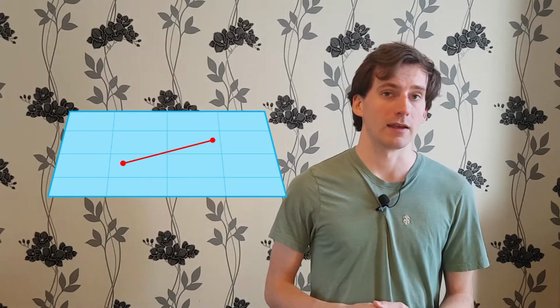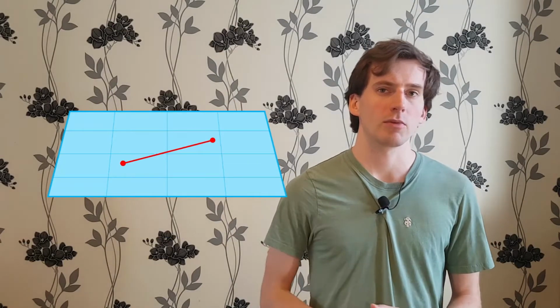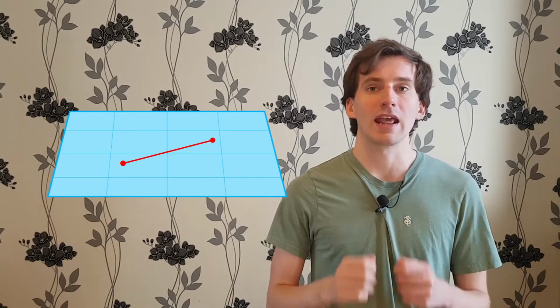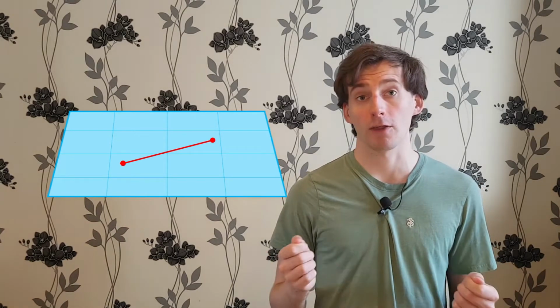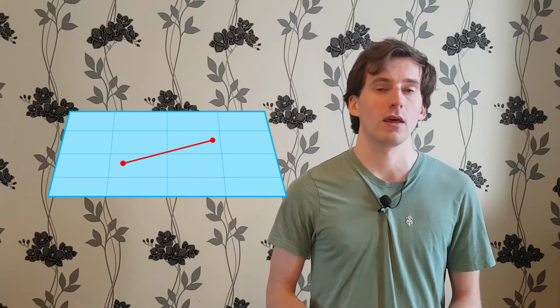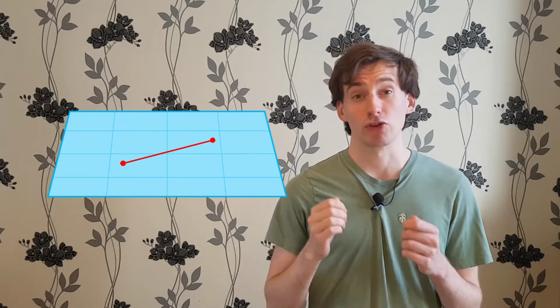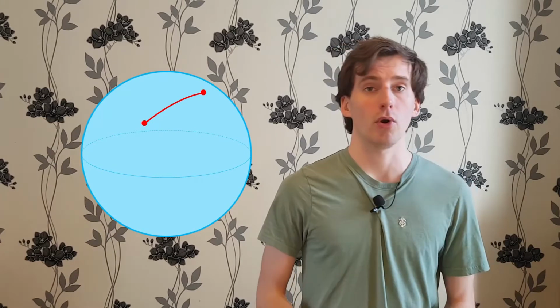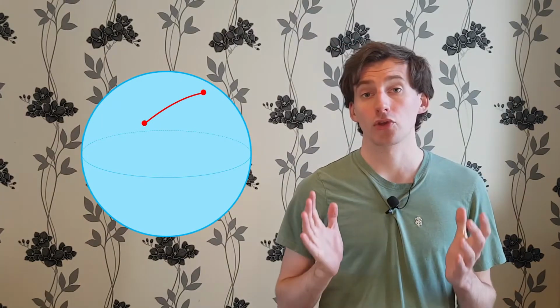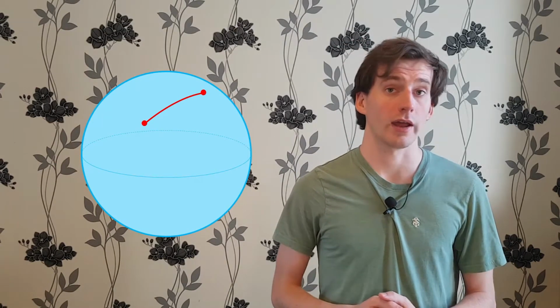We can take our inspiration from the Euclidean plane. The straight line between 2 points on a plane is the shortest possible path between those 2 points. Therefore, when I talk about a line on a sphere, I mean the shortest path between 2 points. What do lines on a sphere look like?